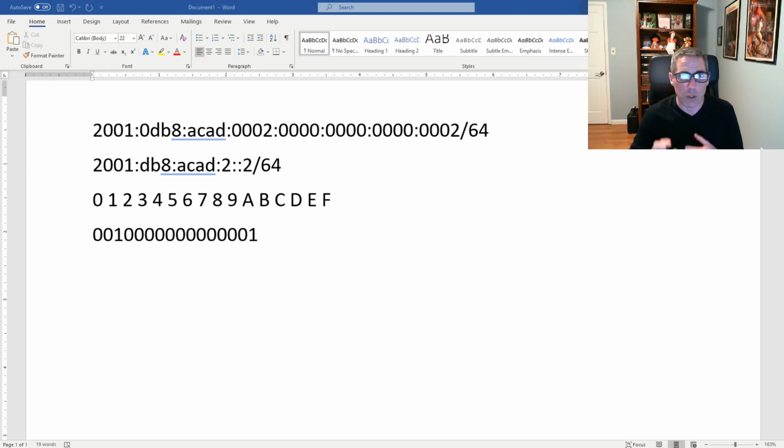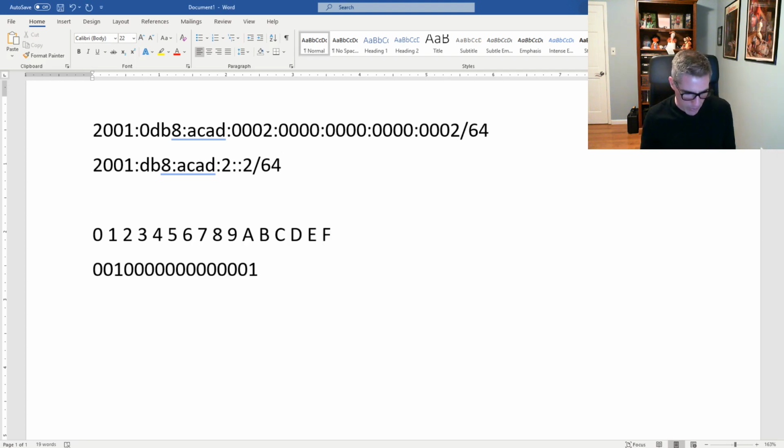The interface will typically also have a link local address, so that 2 devices on the same network can talk to each other, and so that a computer knows that if it wants to send something outside of its network, it just sends it to this address here, FE80::1. When we do the router configuration, that router is also going to have this on its interface. It's probably going to have this address on all of its interfaces, along with a global unicast address.